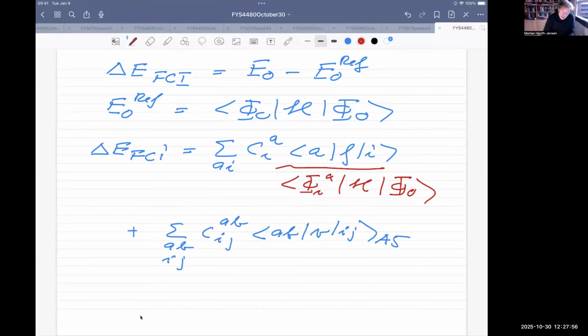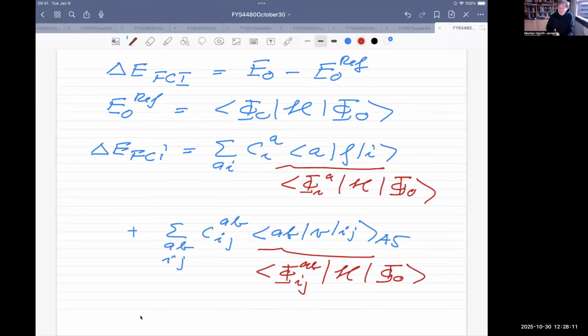And this second term, which you see here, is actually the overlap between a two-particle, two-hole excitation, the Hamiltonian of the system, and obviously the ansatz for the ground state. So when we perform a calculation of the FCI type, these terms are actually given by the eigenvectors which result from the diagonalization.